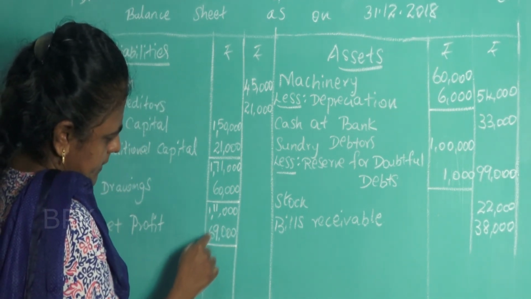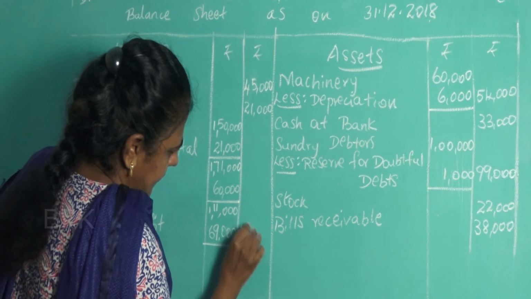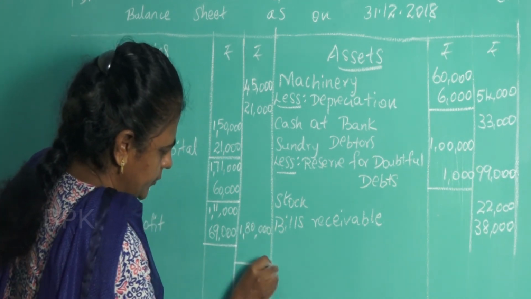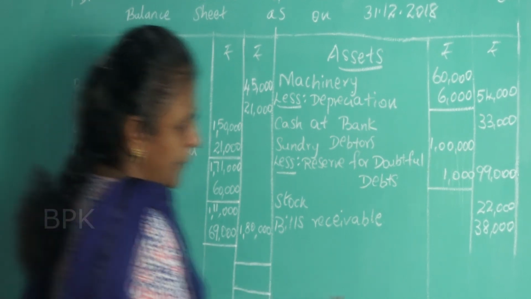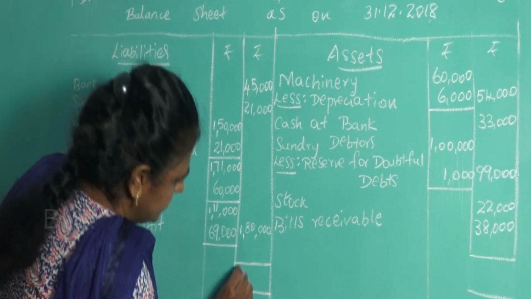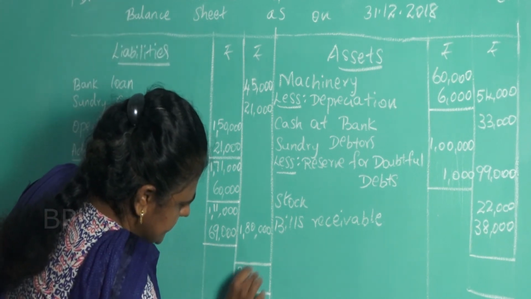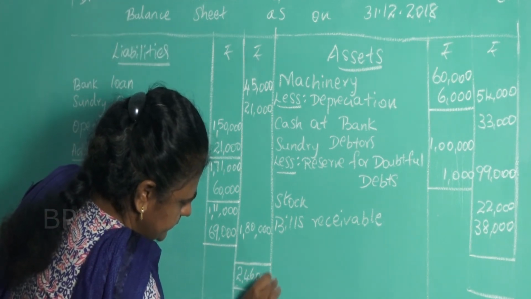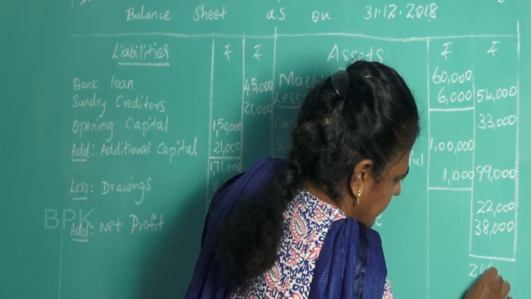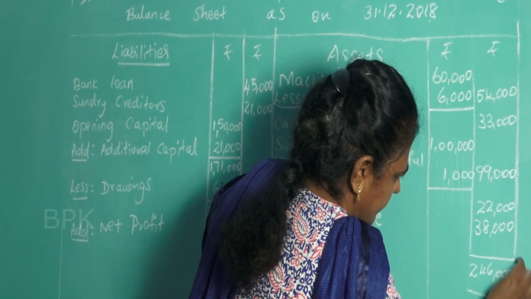So that will give 1,80,000. So add both the sides. So that will give 2,46,000. Here also 2,46,000.